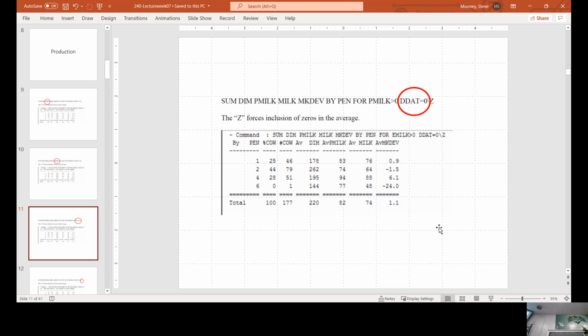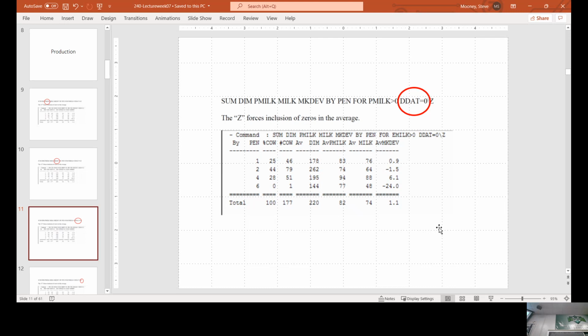So you've got previous milk greater than 0, so we're at least the second test day in lactation. DDAT equals 0, animals that are not yet confirmed pregnant.